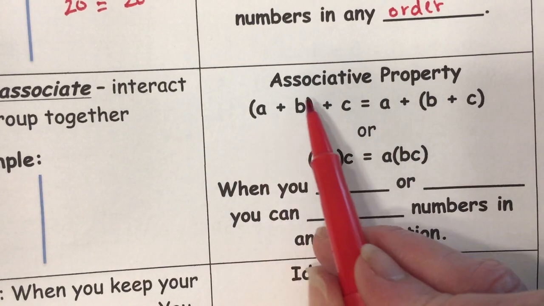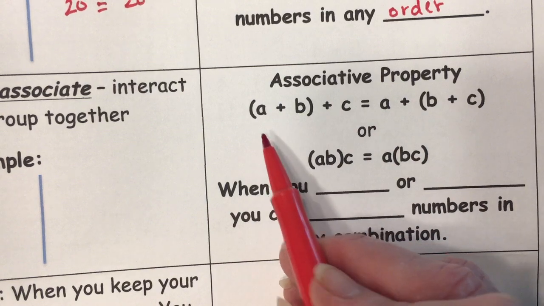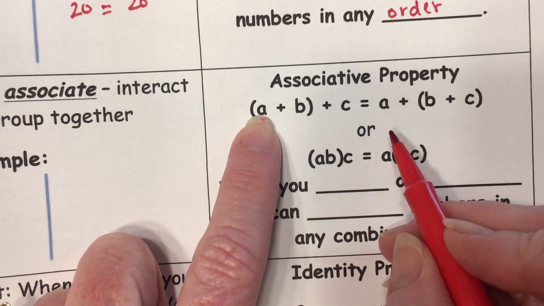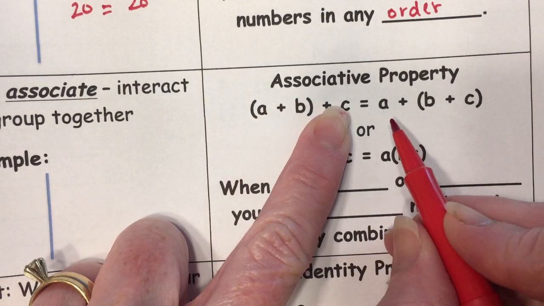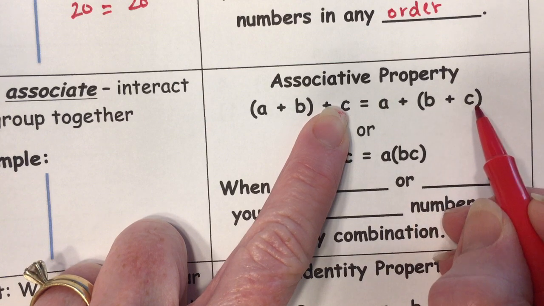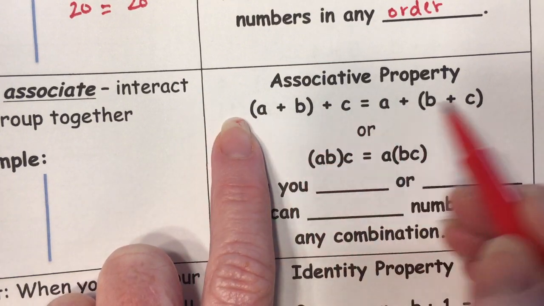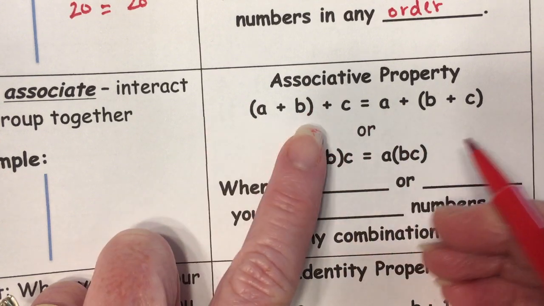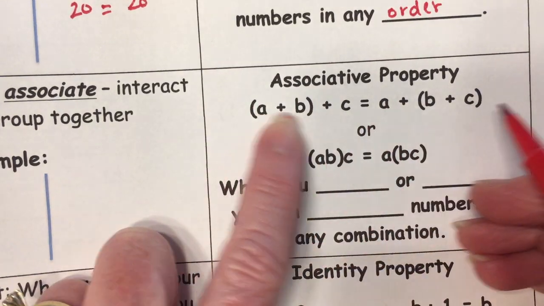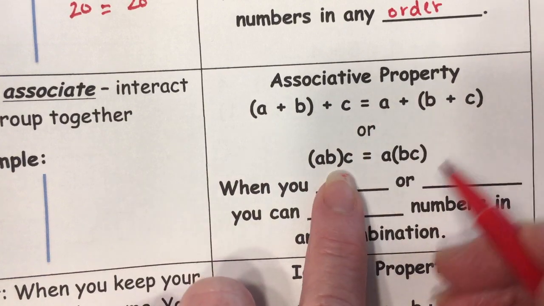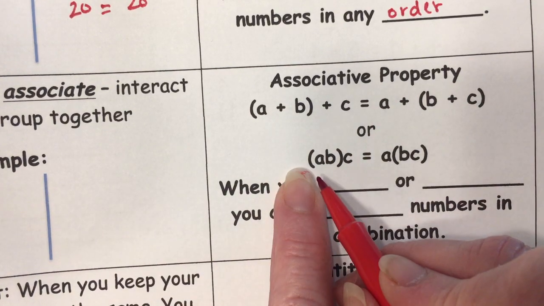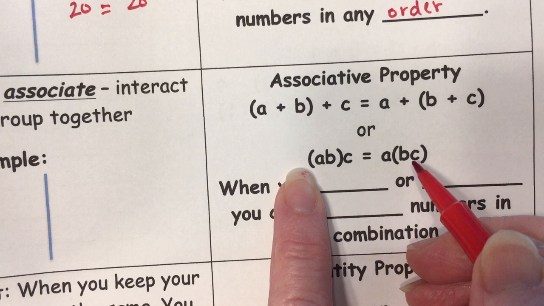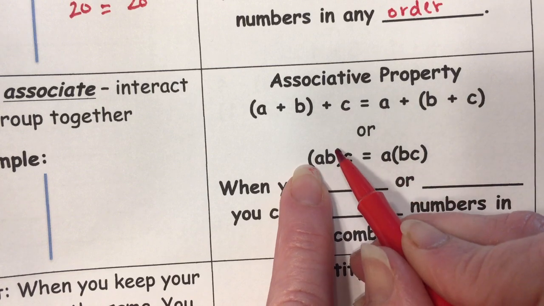In this property, it's telling us that the order hasn't changed. A plus B plus C and A plus B plus C. It's all adding. These are all in the same order, A, B, C, A, B, C. But it doesn't matter which 2 numbers I add first. I can add the A and the B first, or I can add the B and the C first. Same thing with multiplication. If I have to multiply all 3 numbers together, A, B, C, I can choose.